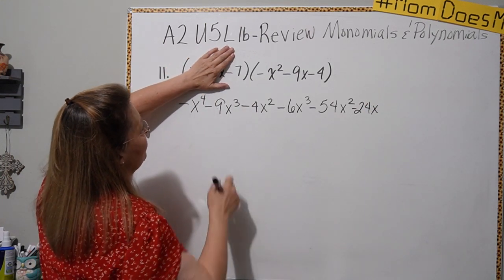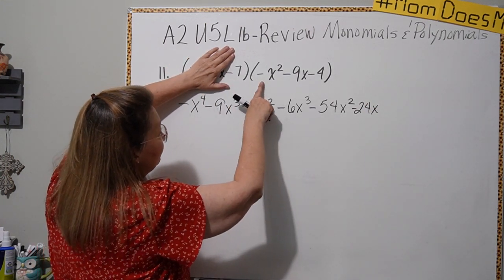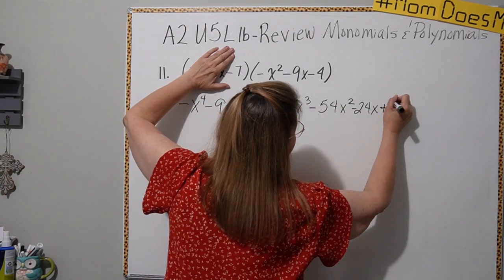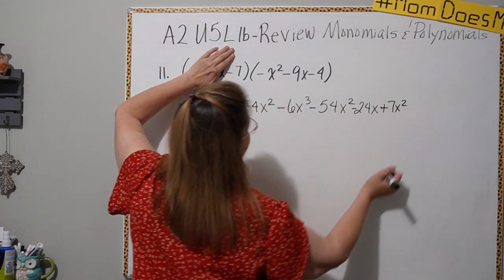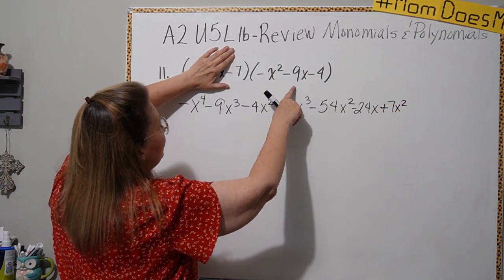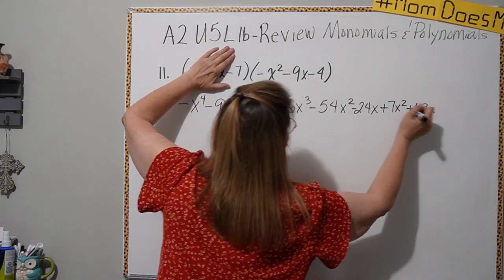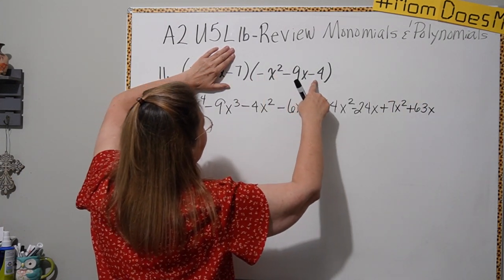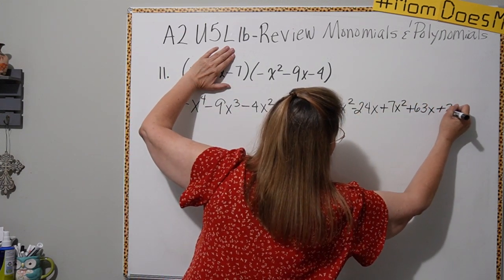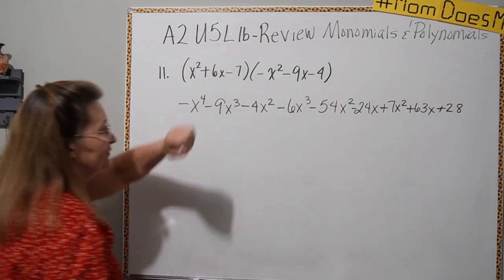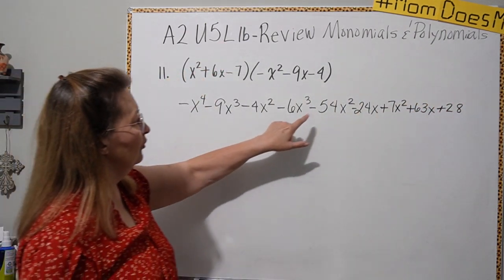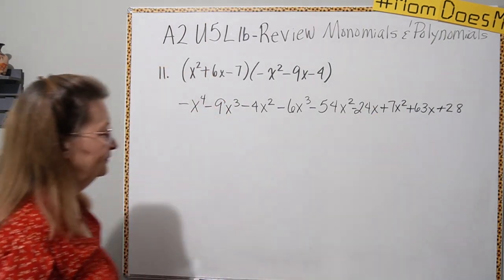Now for the minus 7. Negative 7 times negative x² is going to be positive 7x². Negative 7 times negative 9 will be positive 63x. And negative 7 times negative 4 will be positive 28. All right, 1, 2, 3, 4, 5, 6, 7, 8, 9.